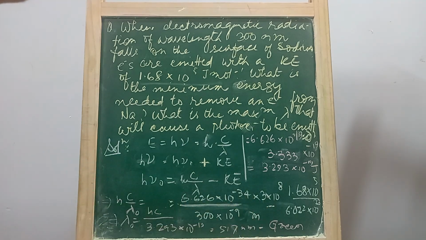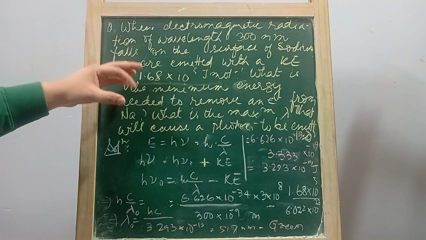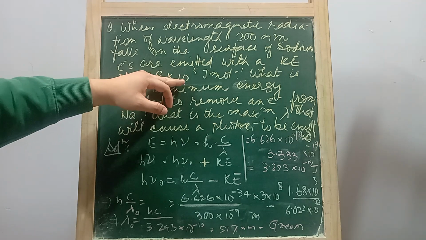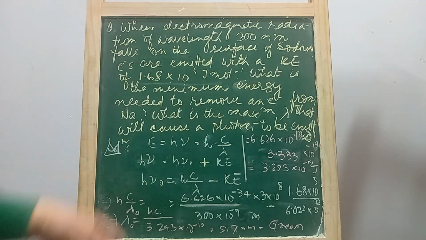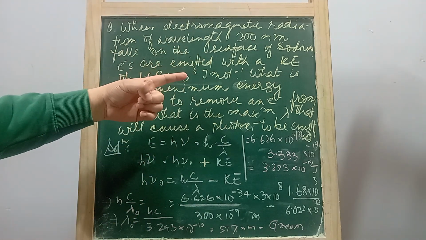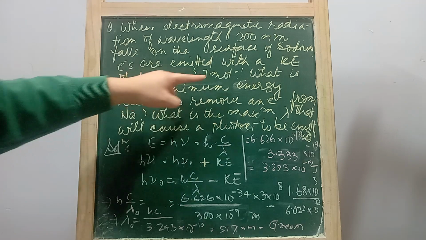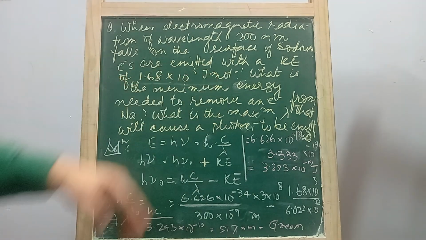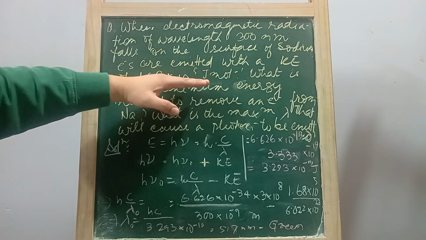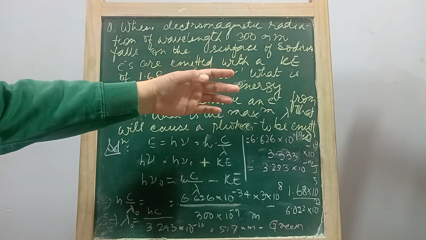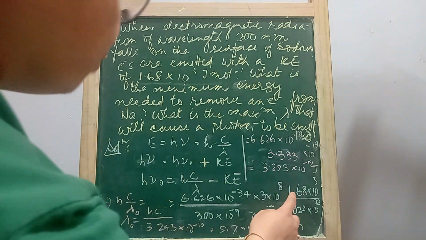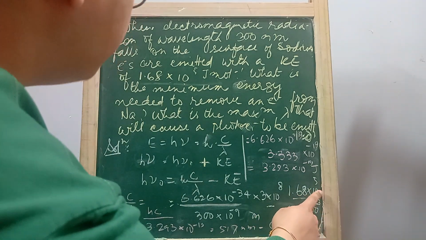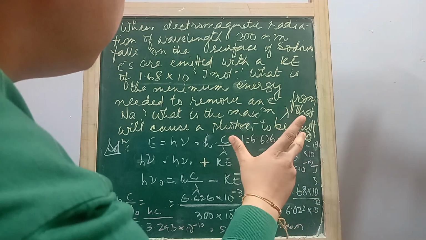Now what we will subtract is the kinetic energy of the electron. But what the question has given is 1.68 into 10 to the power 5 joules per mole. So it's the kinetic energy of 1 mole of electrons. It's not the kinetic energy of 1 electron. So what we need to do is divide this by the Avogadro number, because this is the kinetic energy of 1 mole of electrons.